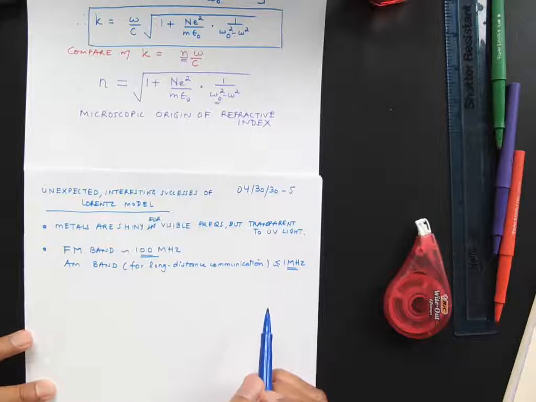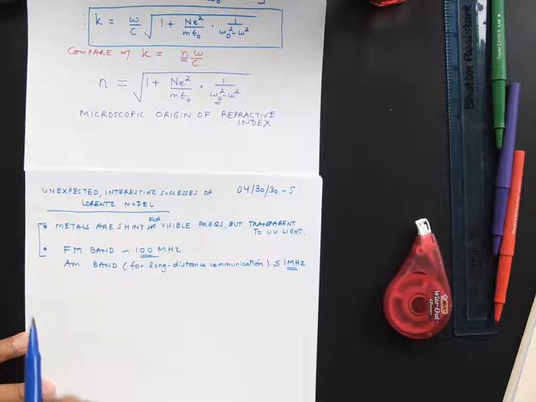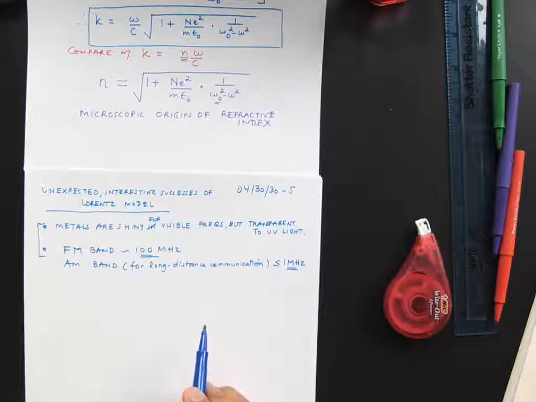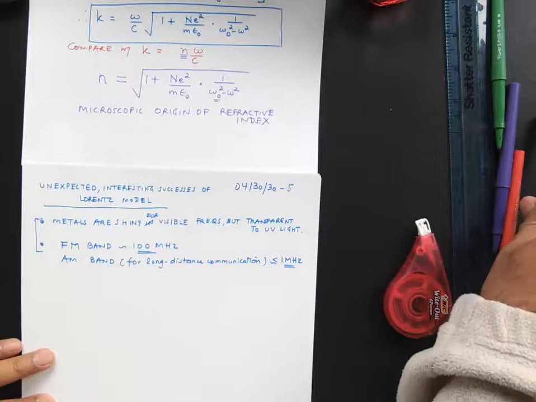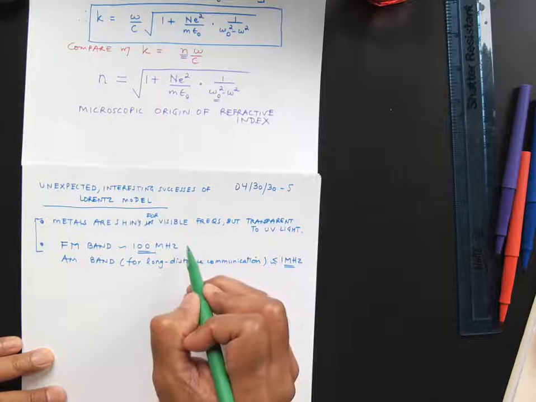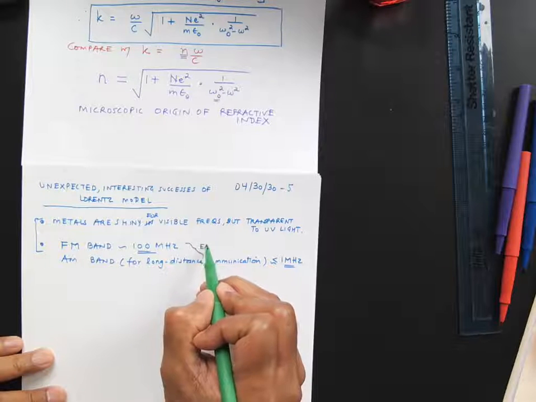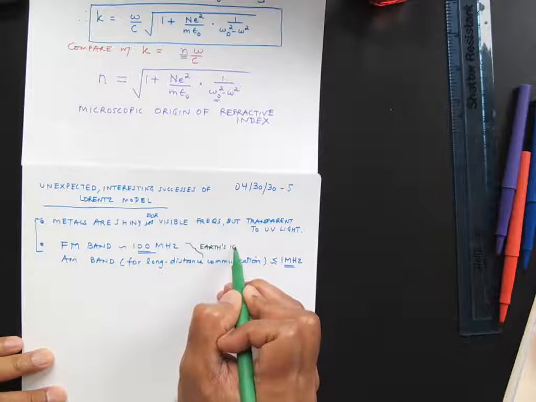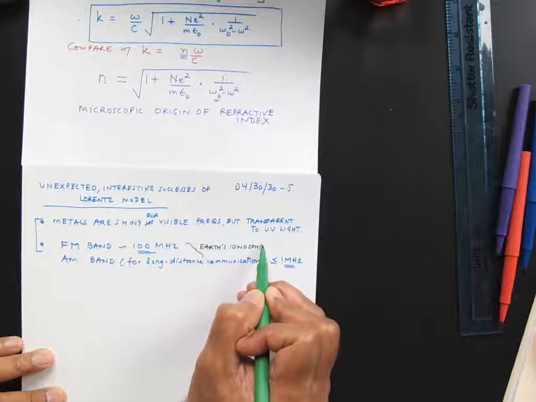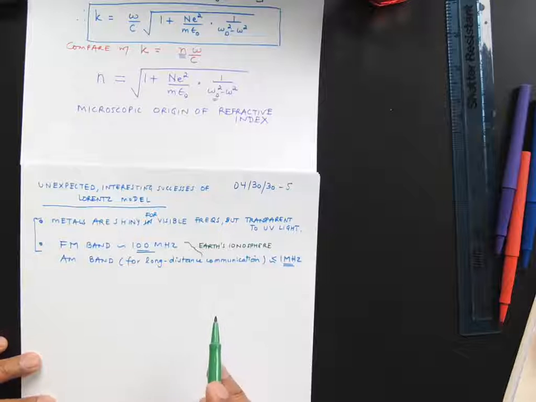And the answer to both of these is connected, believe it or not, because physicists see all these connections, and it's really cool. It turns out that this communication has to do with the Earth's ionosphere, which is basically a layer.